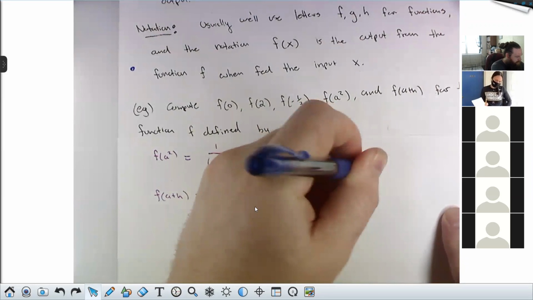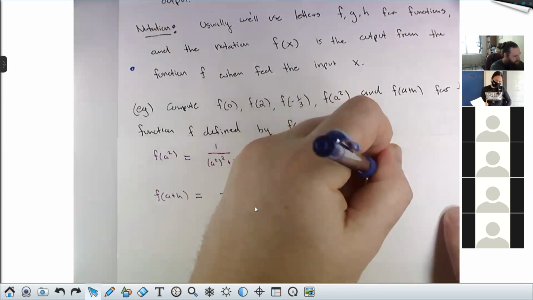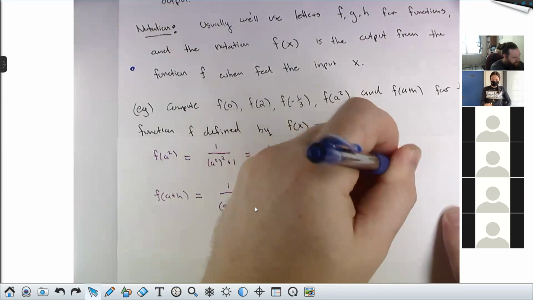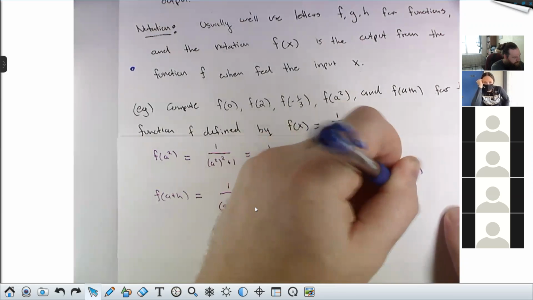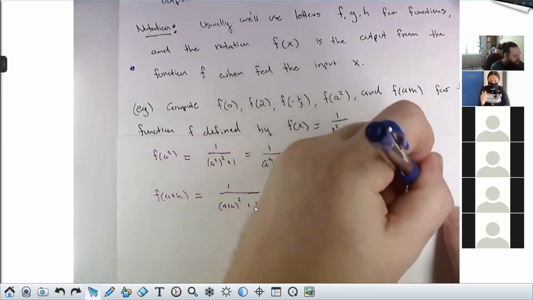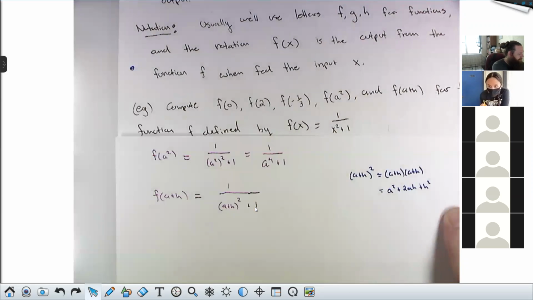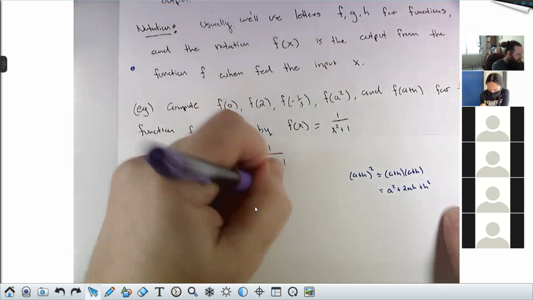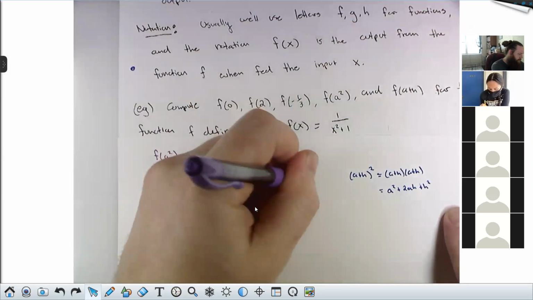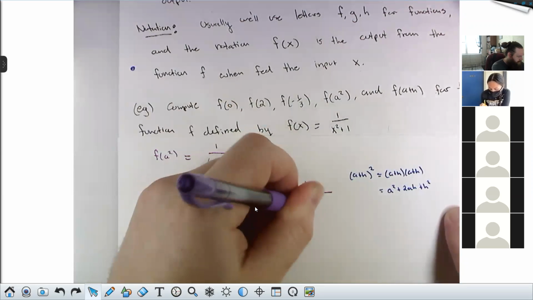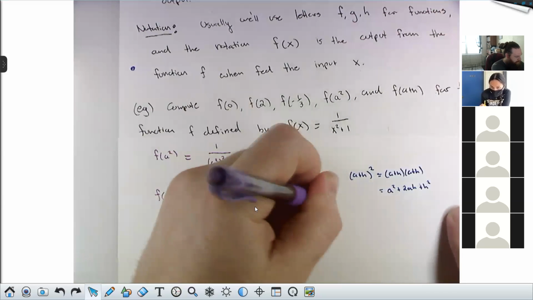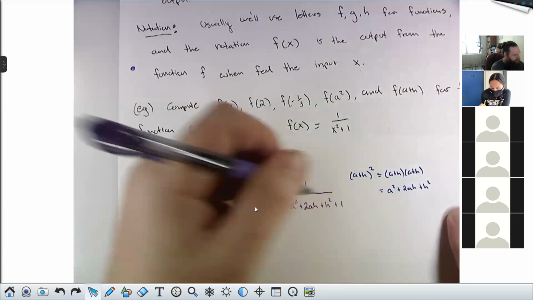A plus h squared, remember this is a plus h times a plus h. So that would be a squared plus 2ah plus h squared. So here we would have 1 over a squared plus 2ah plus h squared plus 1.